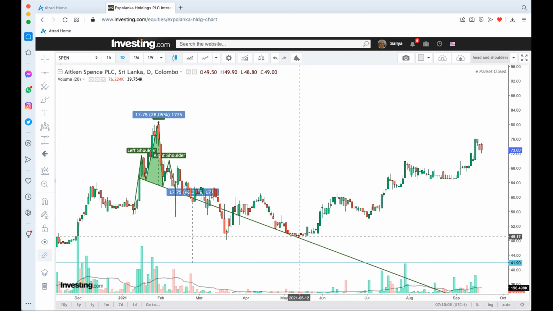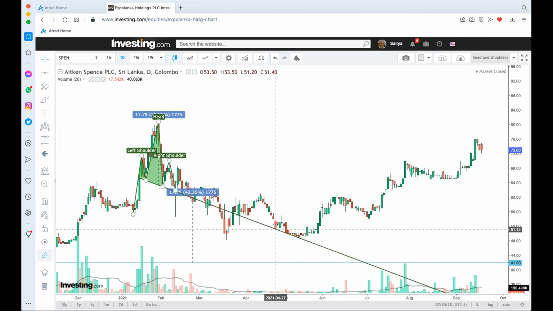While the prices are respecting that support, you can see the horizontal or sideways price action. Sideways price action is holding this level, right? This is the previous low area.